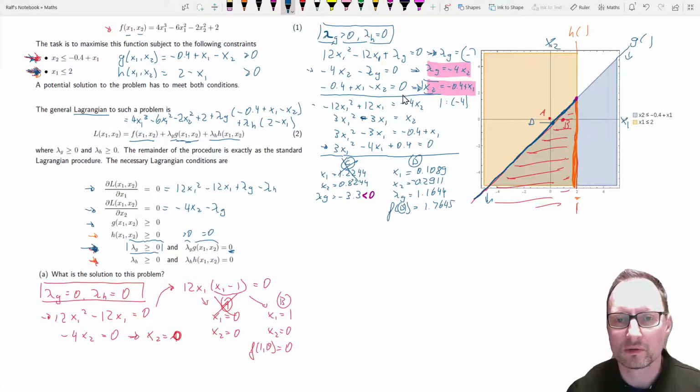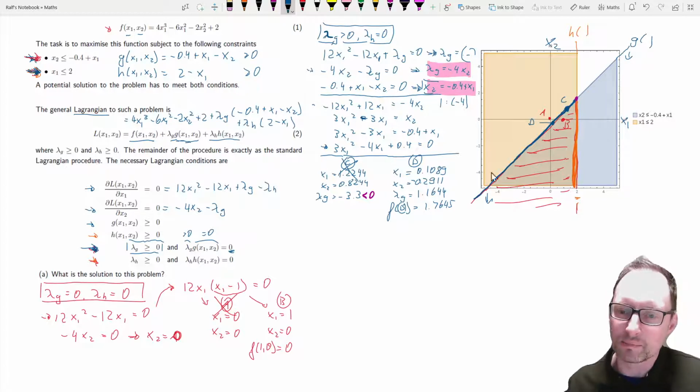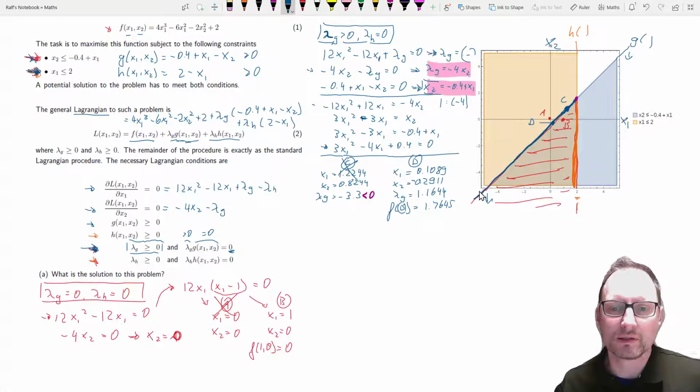So where are we at? And let me also draw in where C is. Okay, C is 1.2, x2 is somewhere here. Okay, that was the C point. So we identified so far, looking on the red area inside and on that blue branch of the constraint, we looked for potential stationarity points.